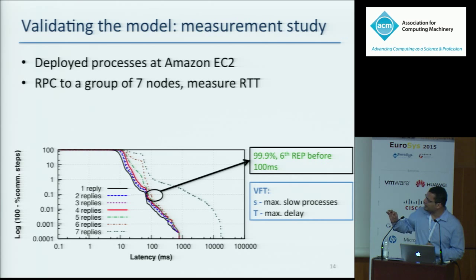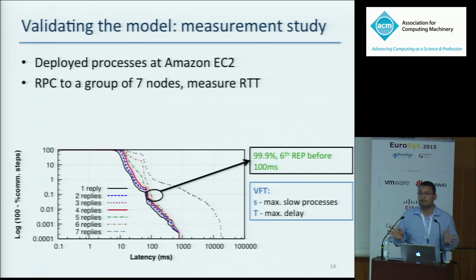Each line represents the latency to receive the first, the second, the third reply, and so on. What is interesting is that if we could afford to not wait for the last reply, let's say we receive 6 replies, then in 99% of the time we could select a timer like 100 milliseconds. So 100 milliseconds will suffice to receive all 6 replies 99% of the time.